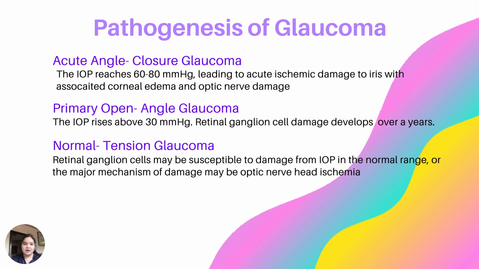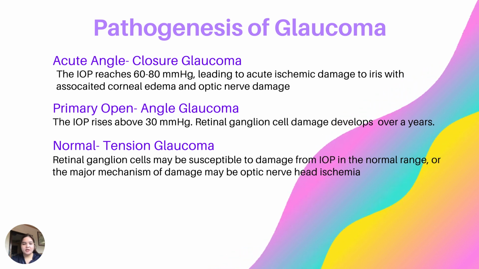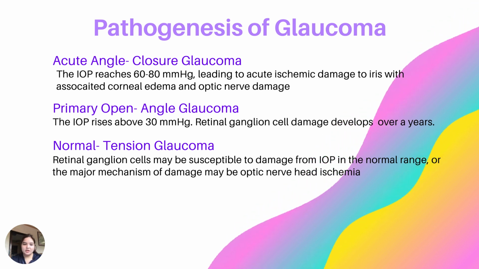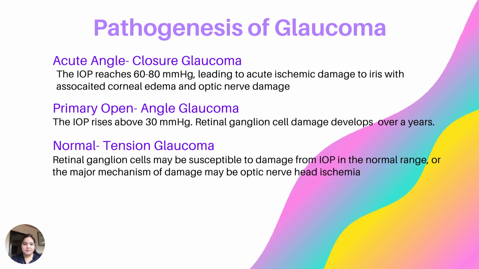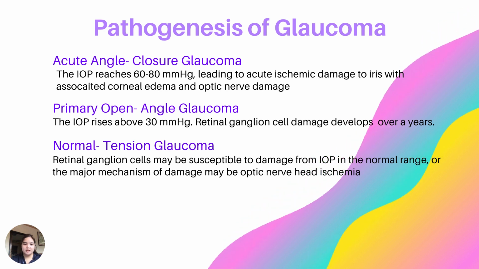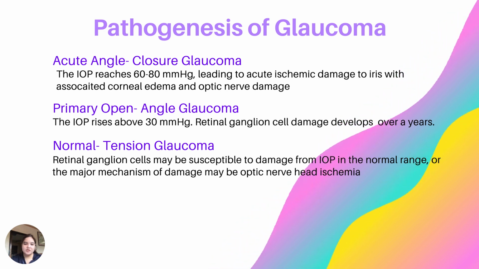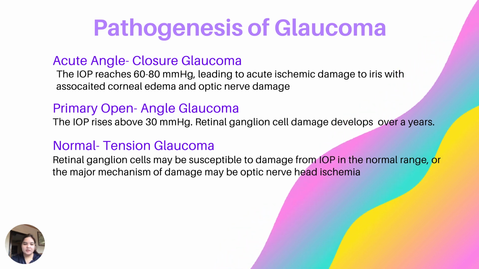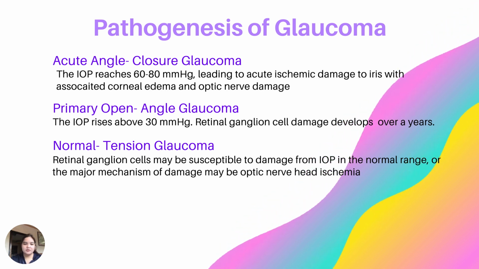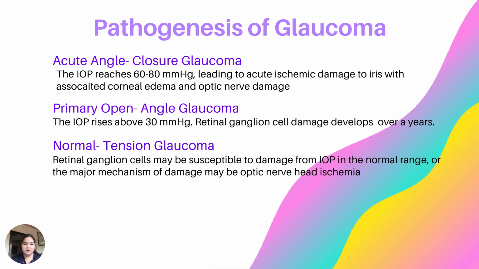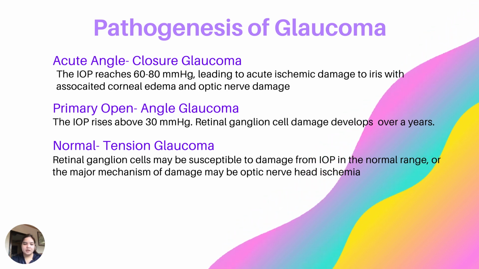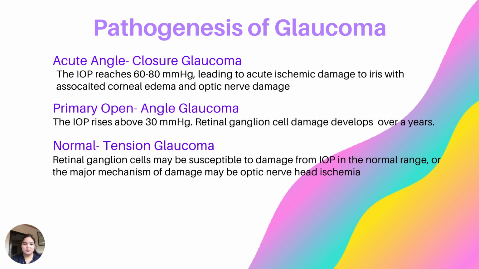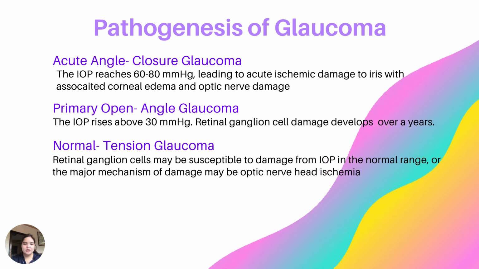For acute angle closure glaucoma, the intraocular pressure reaches 60 to 80 millimeters mercury, leading to acute ischemic changes to the iris, with associated corneal edema and optic nerve damage. For primary open-angle glaucoma, the intraocular pressure rises above 30 millimeters mercury.